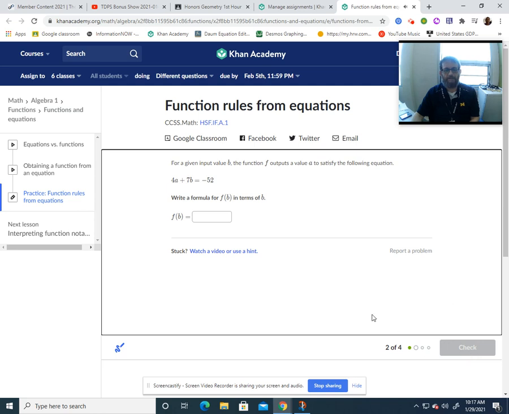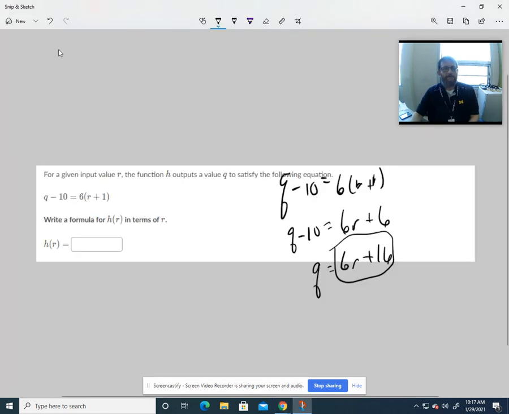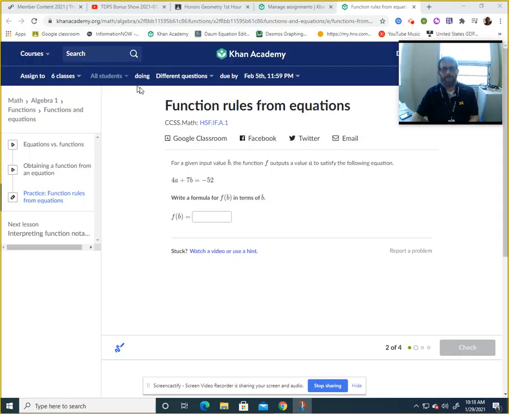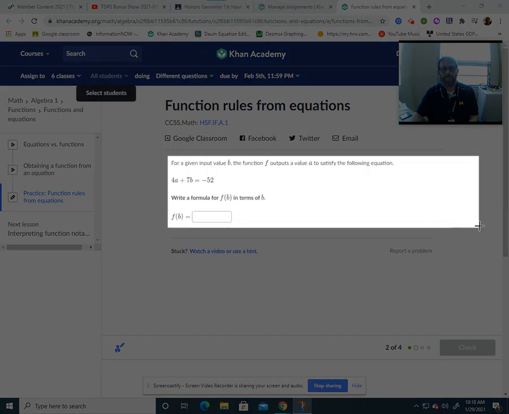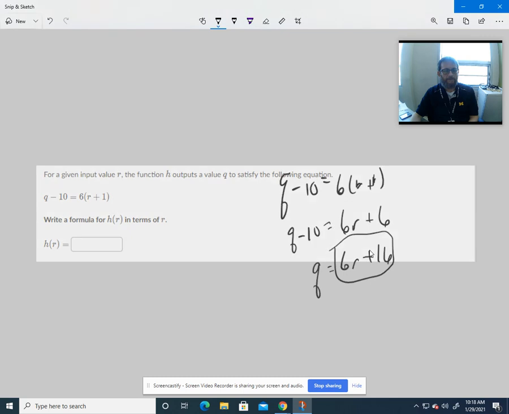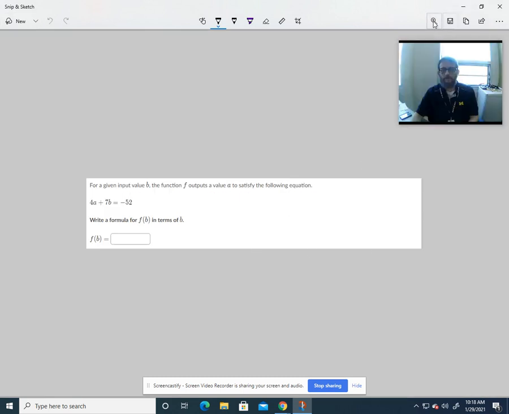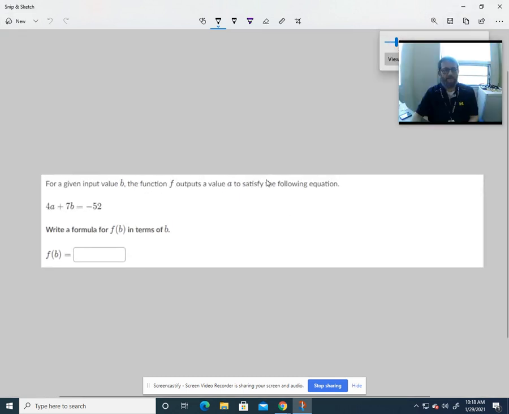All right, next one. Write a formula for, again, let's copy this so we can write. Now, the key here is basically whatever variable they're saying, f of b, you solve for the other variable.